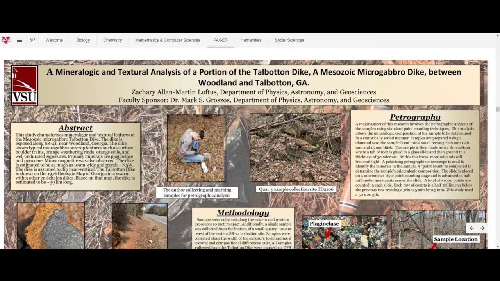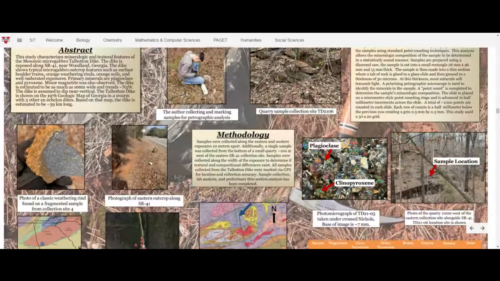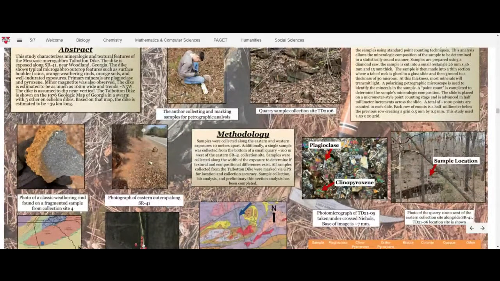Yes, ma'am. So this was a textural analysis of the Talbotton Dike that's in Talbotton, Georgia, near Woodland. The main purpose of this was really to collect the samples, bring them back, send them off for thin sections, and do some thin section analysis.